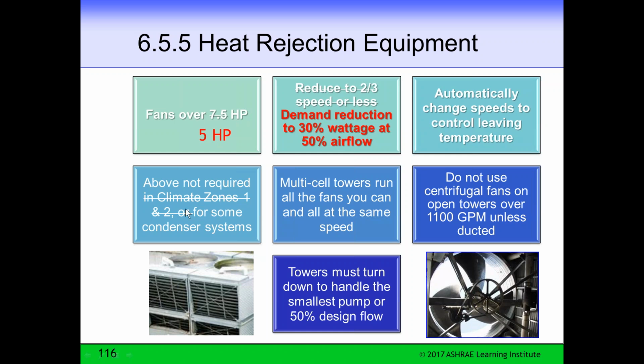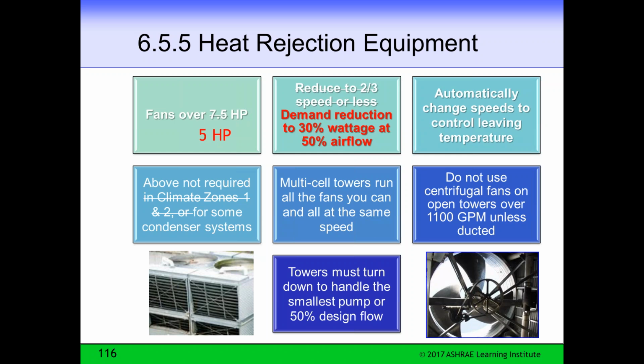But we have run models that show that using variable speed drives on cooling towers will save money even in climate zones 1 and 2. There are some overfeed condenser systems and ammonia systems and things that we don't require you to have these requirements for.